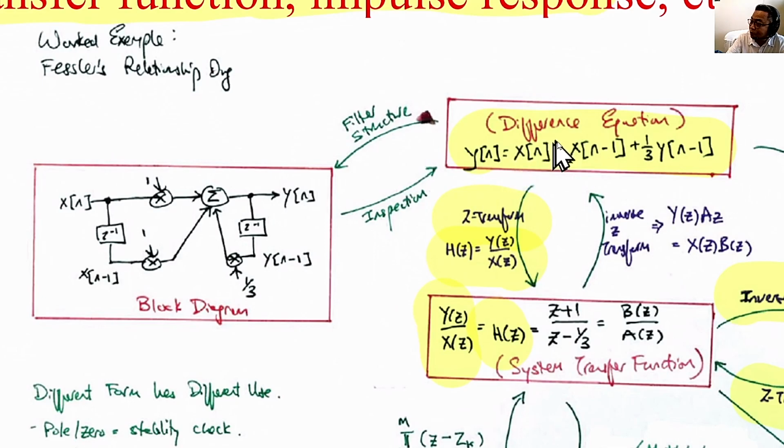Since both of them are multiplied by 1, here instead of using a triangle, I use a cross, 1 multiply, to represent this 1 and this 1. Plus 1/3 y of n minus 1. Well, it goes out to y of n. y of n needs to be delayed by 1 sample so that we can get y of n minus 1 here. Multiply by 1/3, so it's plus 1/3, so it's times 1/3 and goes back up again. So this is the DF1 representation of this difference equation.